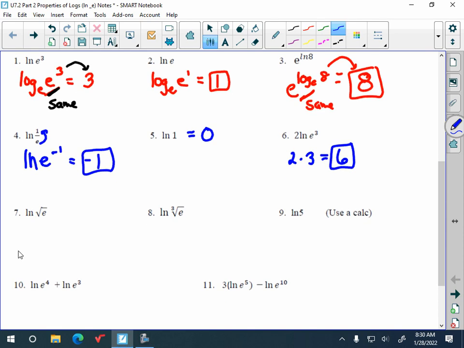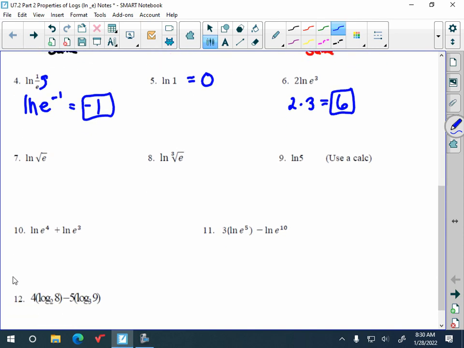All right, number 7, ln square root e. So this is a property that we have to remember from last semester, square roots. So the square root of e is the same as e to what power, what exponent? Not 2. It's a fraction. 1/2. Okay? So remember from last semester with the radicals and the fractional exponents. The square root of e is e to the 1/2 power.